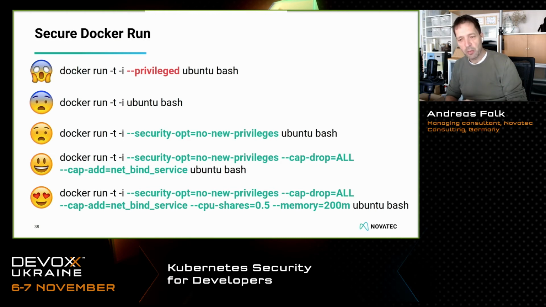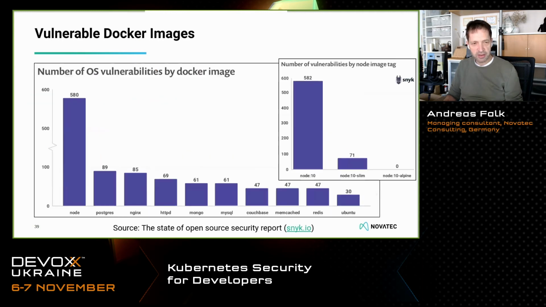And even more useful and more secure, also resource-wise, is that you also restrict your resources by using only half of the CPU, for example, and only 200 megabytes of memory for your Docker. So that would be the best thing. Docker would love that command pretty much. So that's a small recipe to make it step-by-step more secure to run your Docker containers.